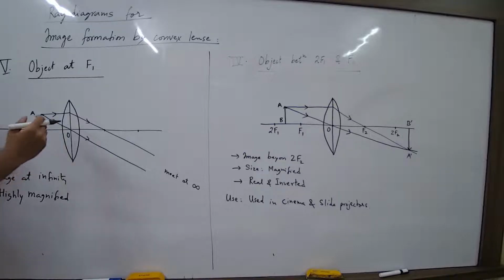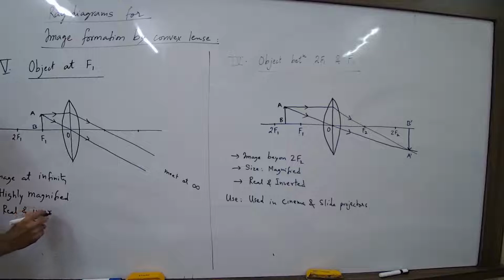So any image which forms behind the lens is always real and inverted. Remember this, whenever the image is behind the lens, it will always be real and inverted. Okay? So for virtual, it has to be in front of the lens, same side as object. It is opposite to mirror. In case of reflecting mirror, the virtual image is behind the mirror, right?